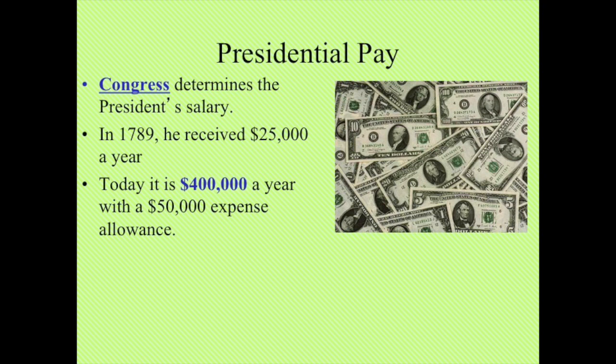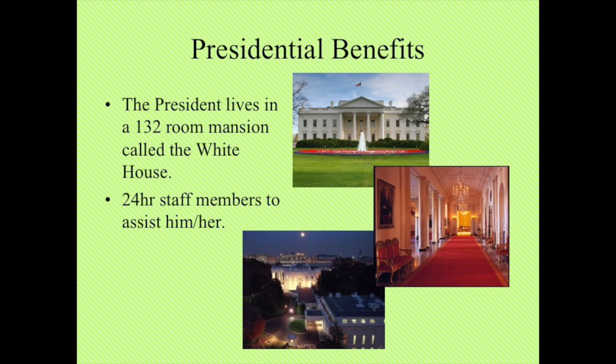While it does seem as if the president has a hard job, they do have some benefits as well, starting with the presidential pay. While the pay is determined by Congress, the president receives a $400,000 a year salary with a $50,000 a year expense allowance. Other than the obvious reason, there are tons of benefits to being president as well. The president gets to live in a 132-room mansion that we like to call the White House.